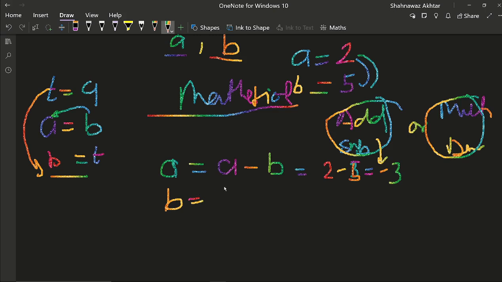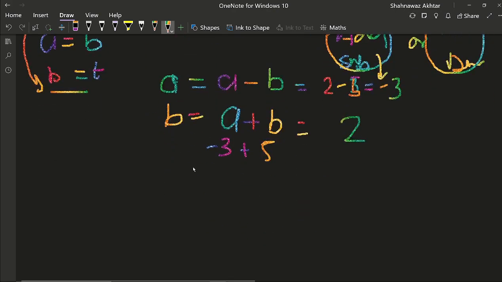So we perform some mathematical calculation. Now if I add these two numbers in the second one, this is the updated value of A, minus 3, plus B, which is 5. What will I get? I will get 2.